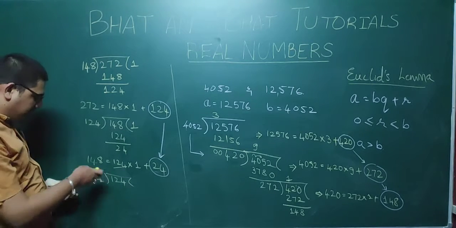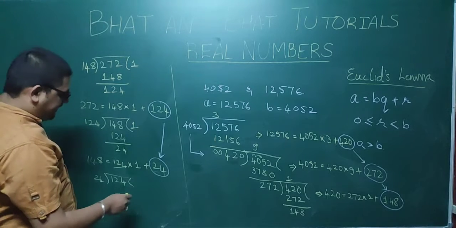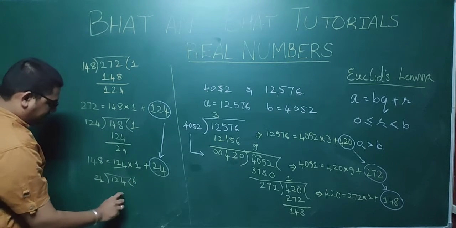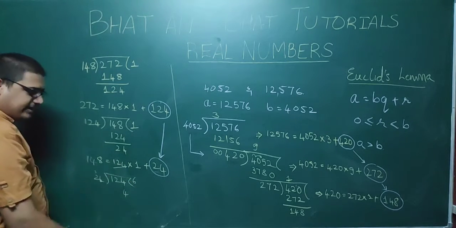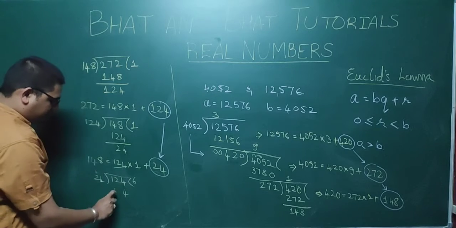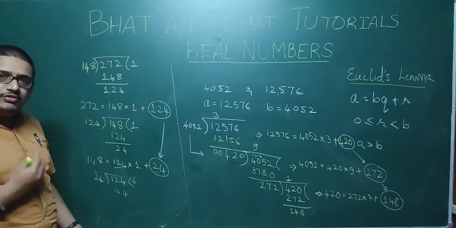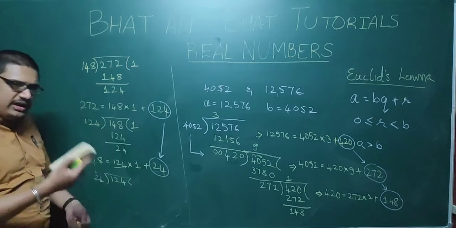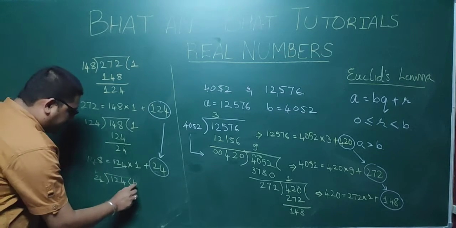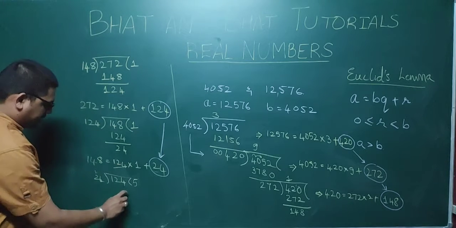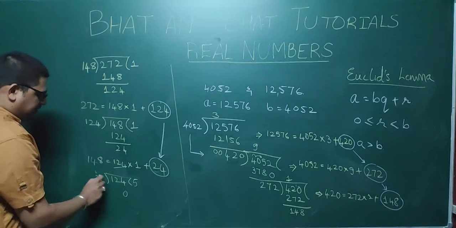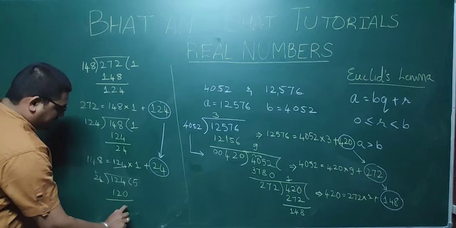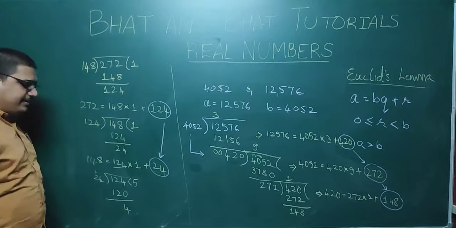So if I do 24 into 6, what will I get? 6 4s are 24. Correct? 6 2s are 12 plus 2. No. It is crossing 124. So I cannot go for this. So I should go for one less. So I have to go for 5. So 5 4s are 20. 5 2s are 10 plus 2. So still I am left with a remainder 4.